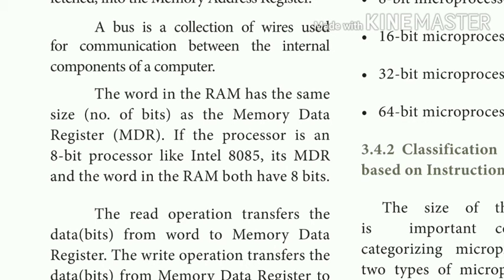The memory data register must be equal to the number of bits that can be processed by the processor. If the number of MDR bits is less than the number of word bits, then some of the data will be missing. So to avoid this missing of data, they use an equal number of bits in the word and in the MDR.